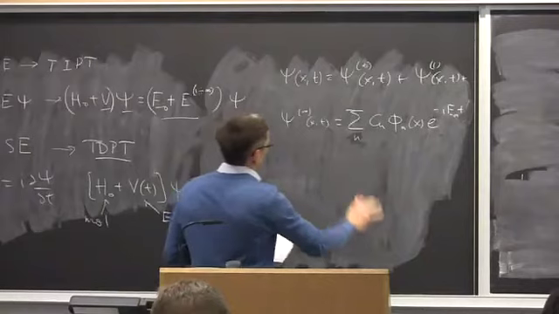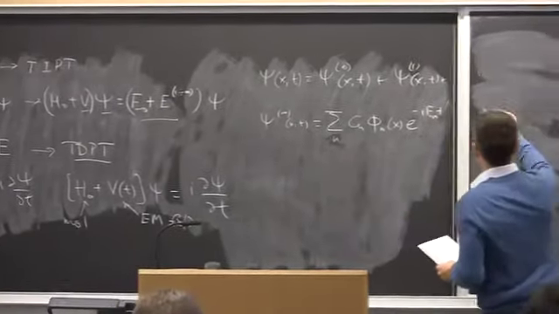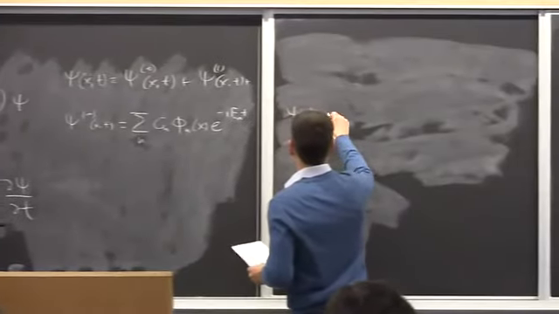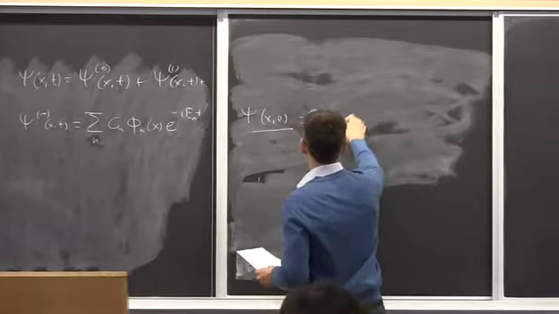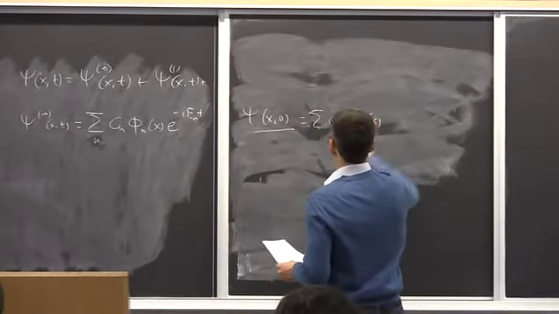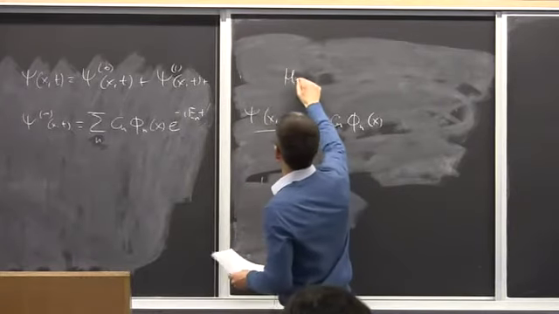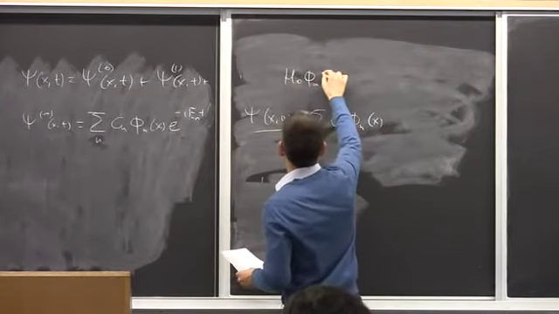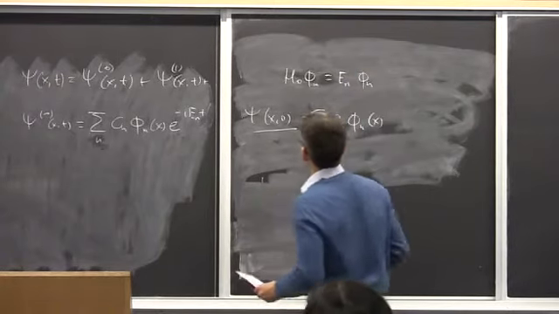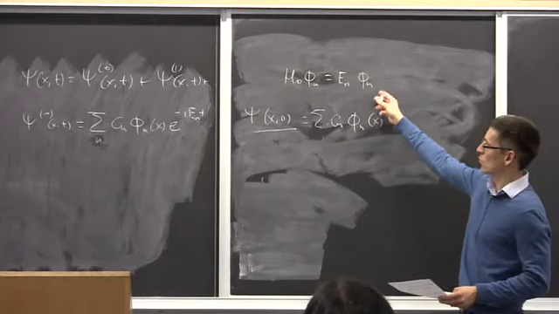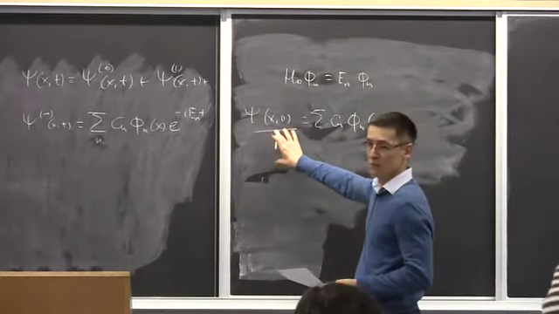So for the zeroth order, the way we constructed it was that we had some initial wave function psi(x,0) which is expandable in wave functions of the H0 problem, H0 f_n equals E_n f_n, right? So we assume that we know how to solve this one. Then our initial conditions, yeah.